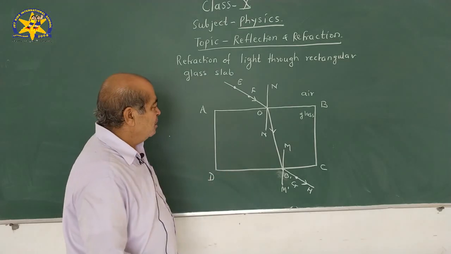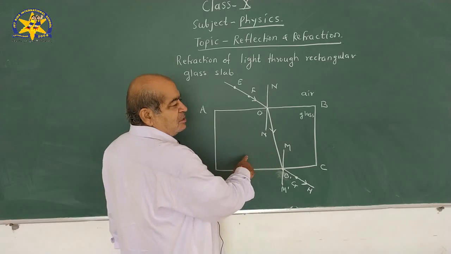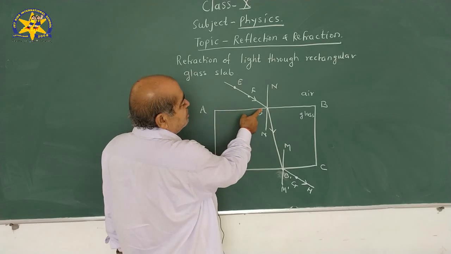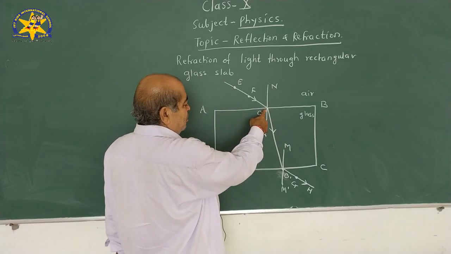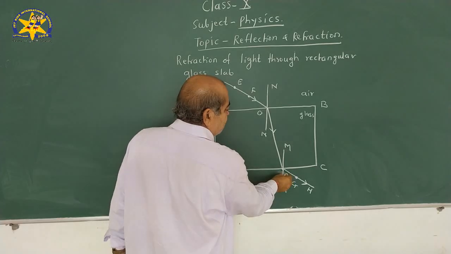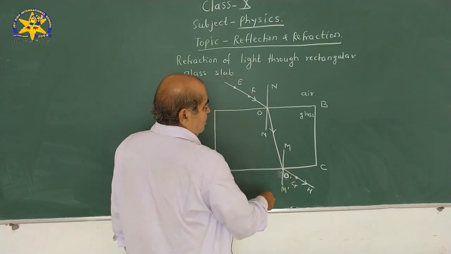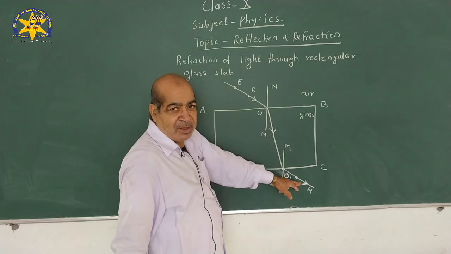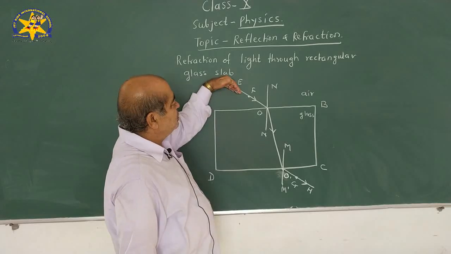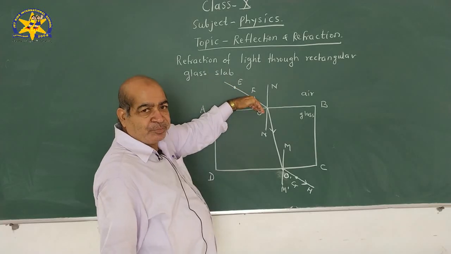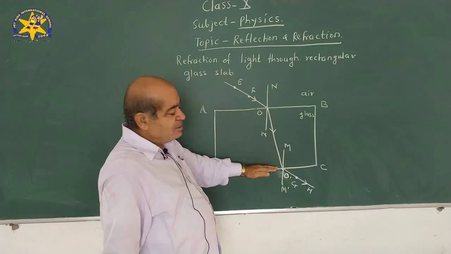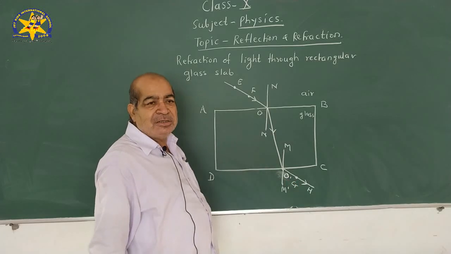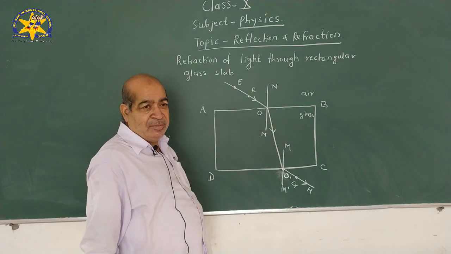Now in this case, ABCD is the rectangular glass slab, EO is the incident ray, OO dash is the refracted ray, and O dash H is the emergent ray.